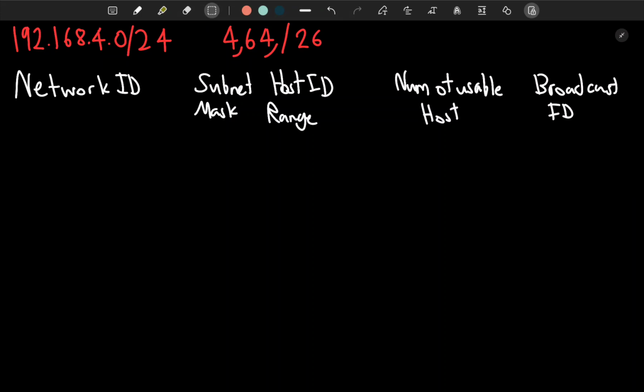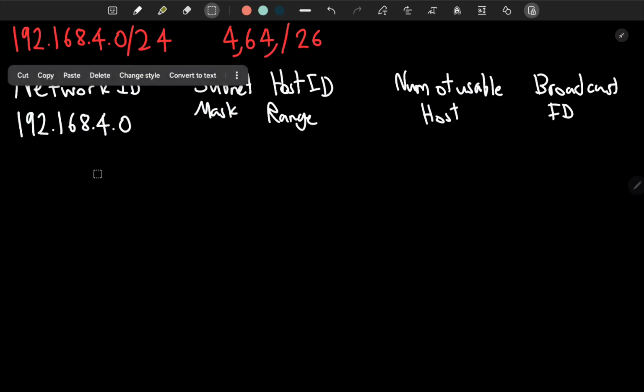So the first thing that we can do is write the network ID for each subnet. So originally we have the IP address of 192.168.4.0. So the first address will be 192.168.4.0, and the next will be this plus 64.